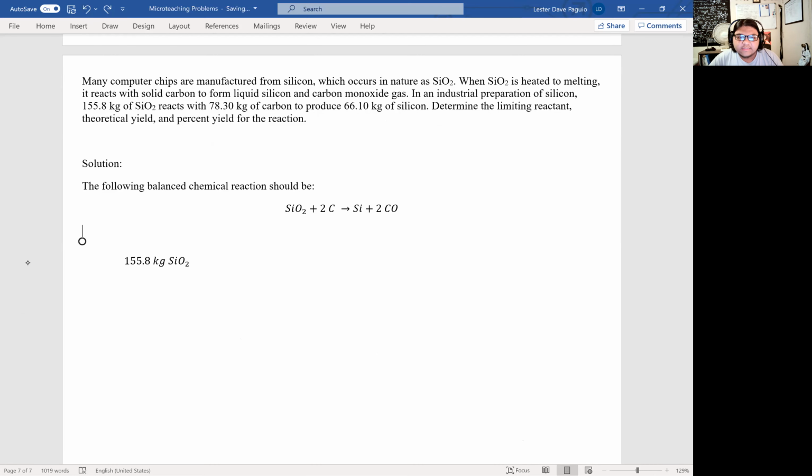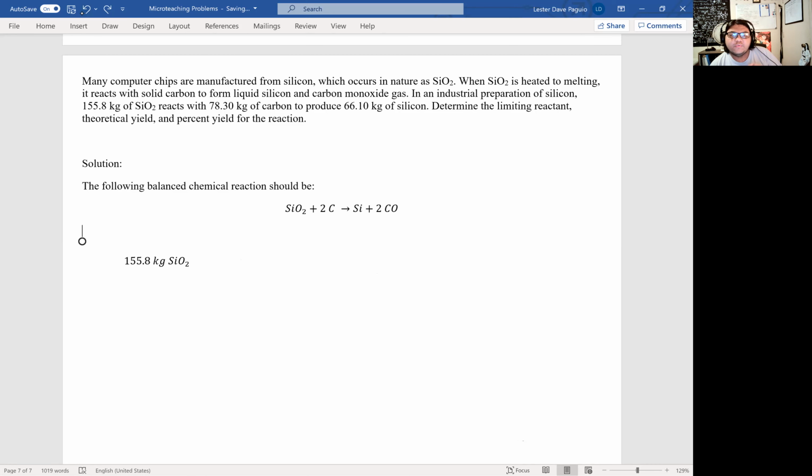To find the limiting reagent, whether it's silicon oxide or carbon, we would need to convert from kilograms of silicon oxide to kilograms of silicon and kilograms of carbon to kilograms of silicon. So let's start with 155.8 kilograms of silicon oxide.